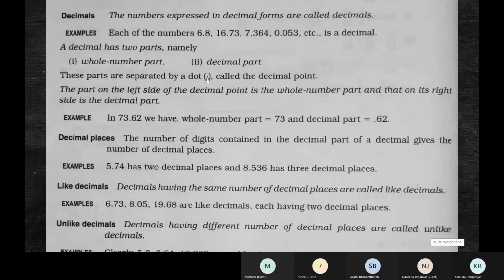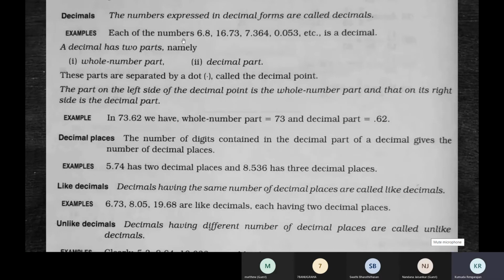All right. So now what are decimal places? Let's take these examples. In this first example, children, 6.8, how many digits are there after the decimal point? Only one digit. So this decimal 6.8 has one decimal place.